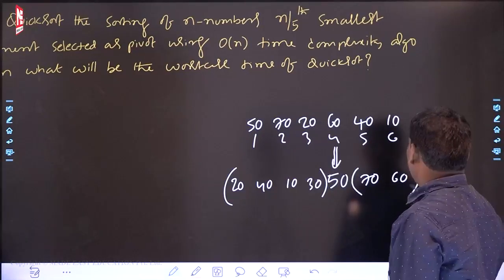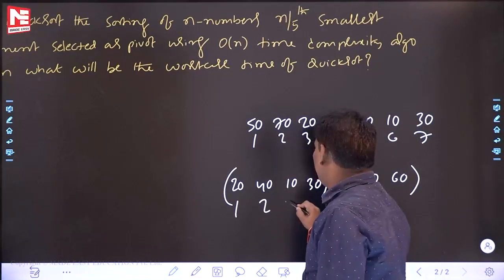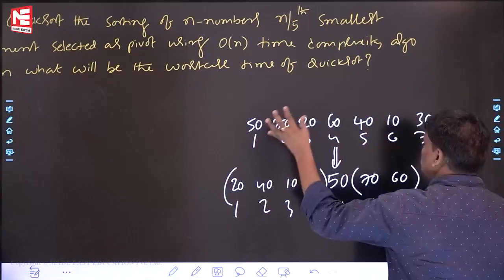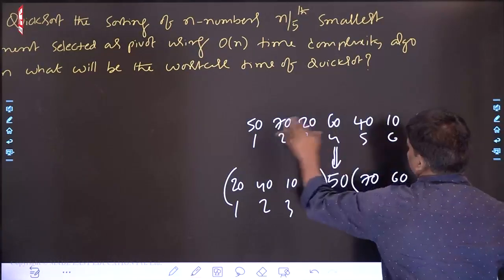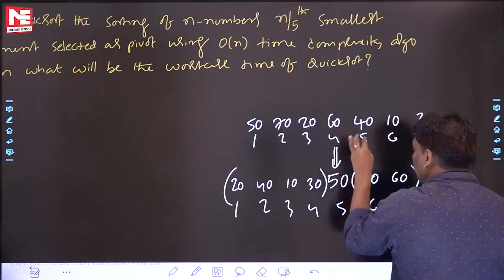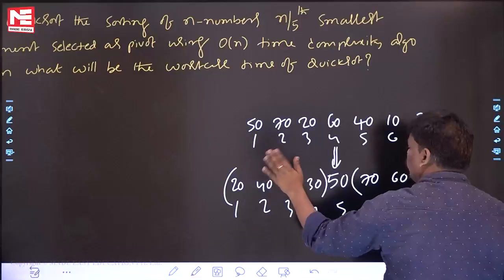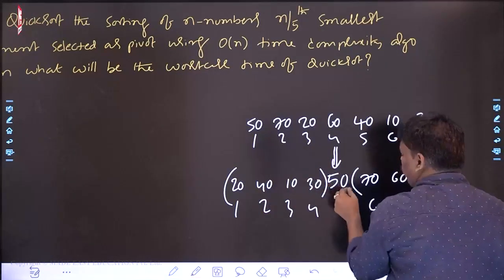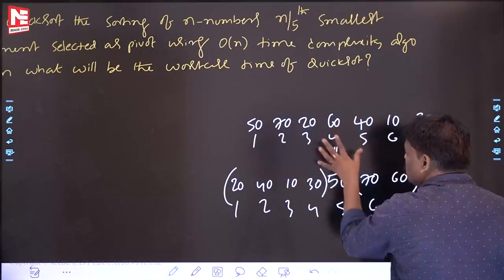Like that, the 7 elements I roughly wrote. My only goal is that the partition algorithm logic is written. This order I am not taking that much care about.